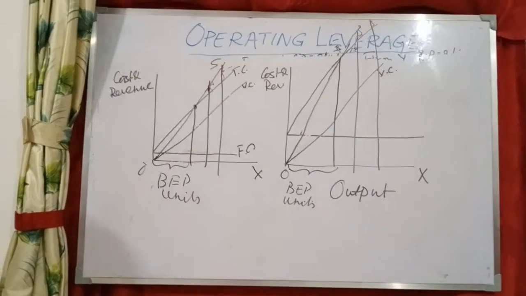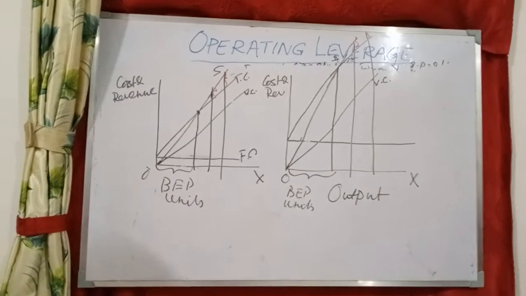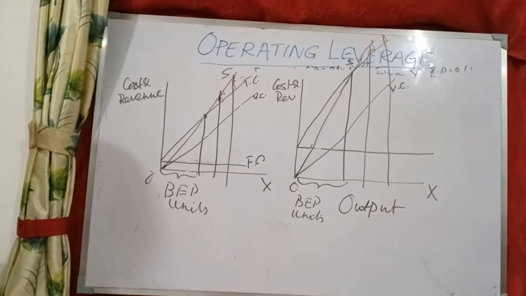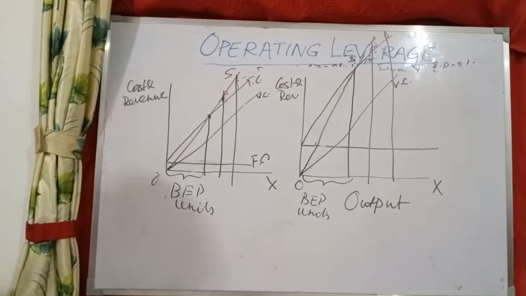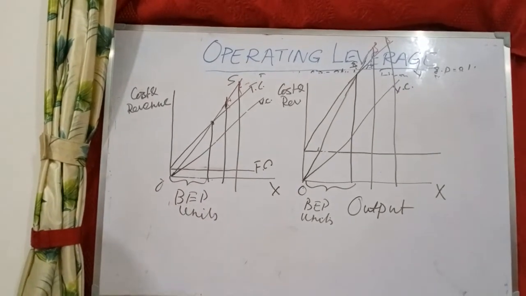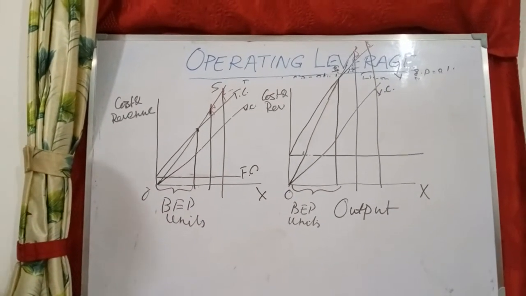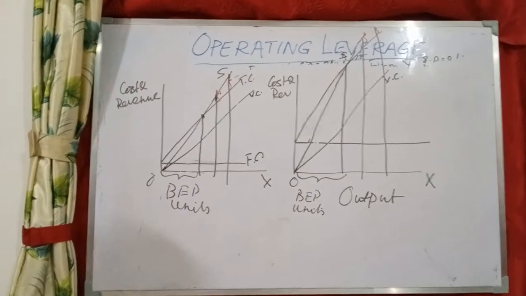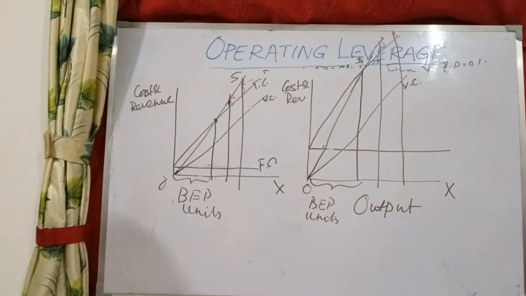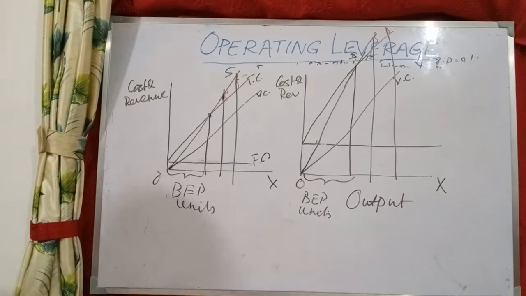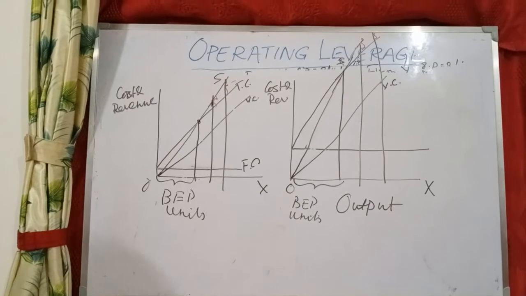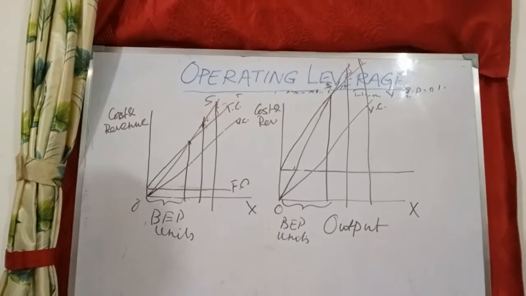Correct? So operating leverage is basically the ability of the farm to use the fixed cost to amplify the profit, so that the profit increases at a greater proportion than the increase in sales. When a farm uses only variable cost, that is, the farm does not incur any fixed cost, in that case the farm won't have any operating leverage.